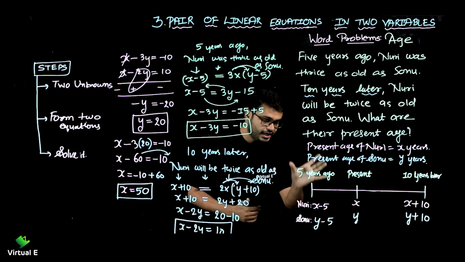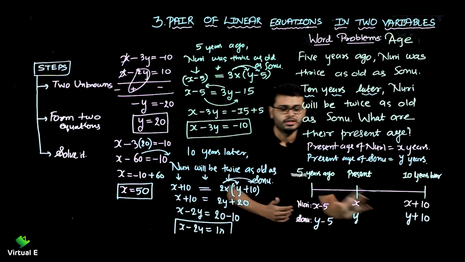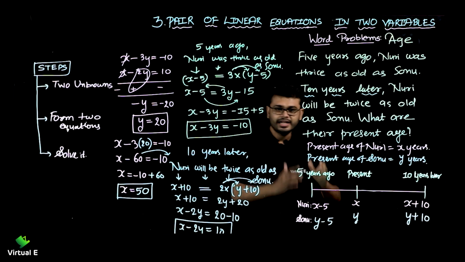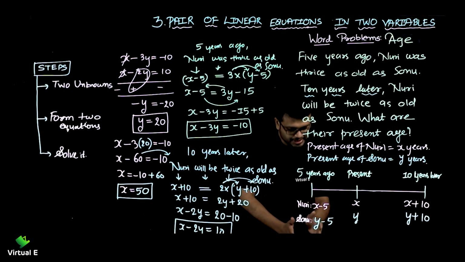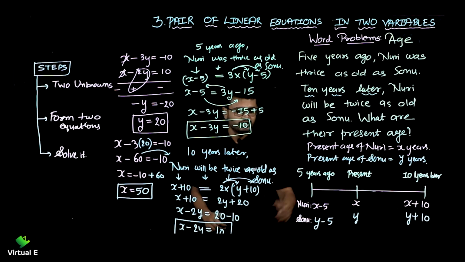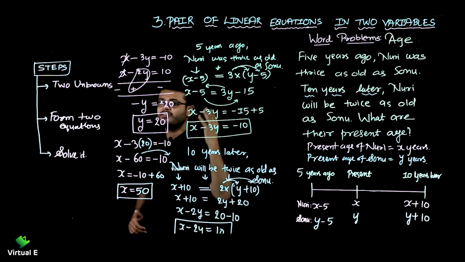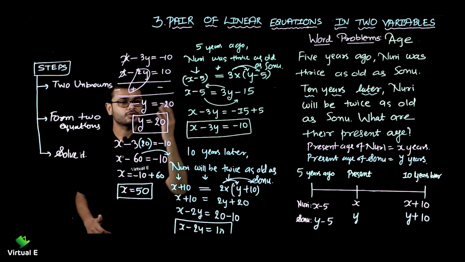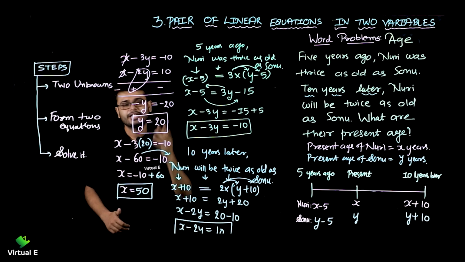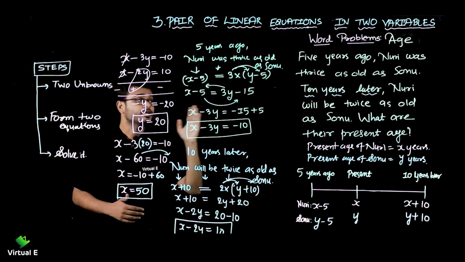One relation about the past and one relation about the future. So I've drawn a line diagram so you can clearly understand what was the past situation, what is the present situation, and what will be the future situation. So afterwards, follow the condition, make two equations. You have 4 methods to choose from to solve those equations and get your answer. So this is how we solve word problems related to age.